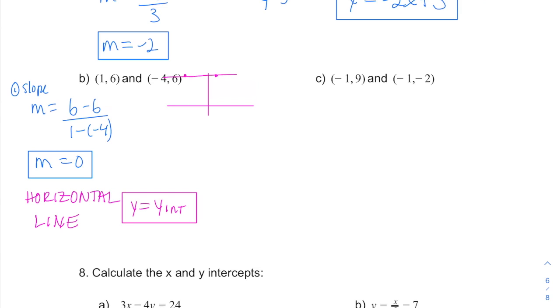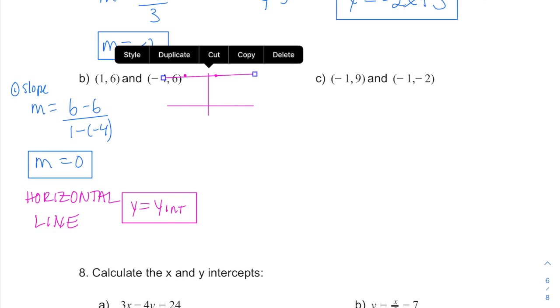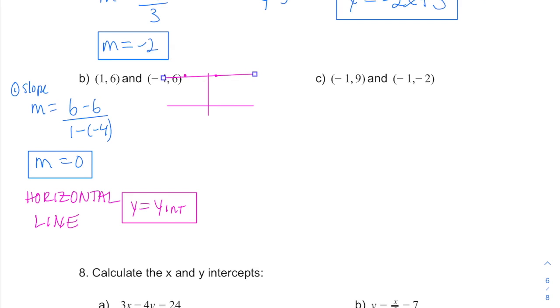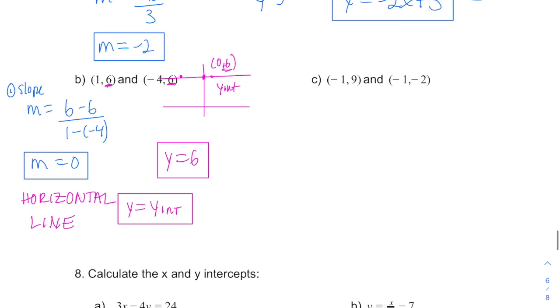And you can deduce that the y-intercept of this line would have to be 0, 6. So in this case, the equation of my line is y equals 6. In other words, we can look at the y values here and say, since they're both the same, my y-intercept has to also have y value of 6.